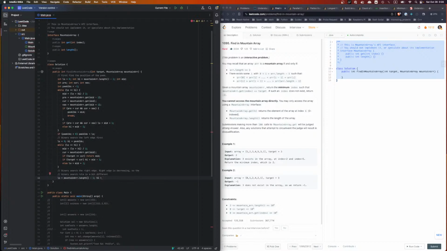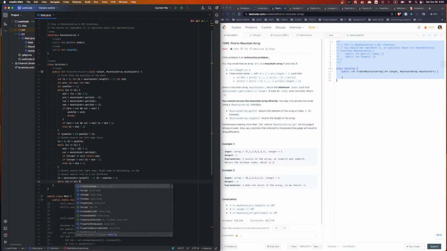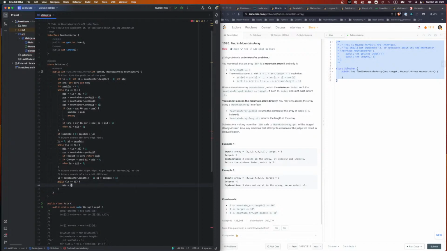High will equal to, and if I haven't found it, so that's gonna be peak plus 1, right? And while low is larger or equal to high, mid equal, doesn't matter. I don't really care about left bias or right bias. And we actually can copy and paste the entire thing. The only thing different is the initializing and this part.